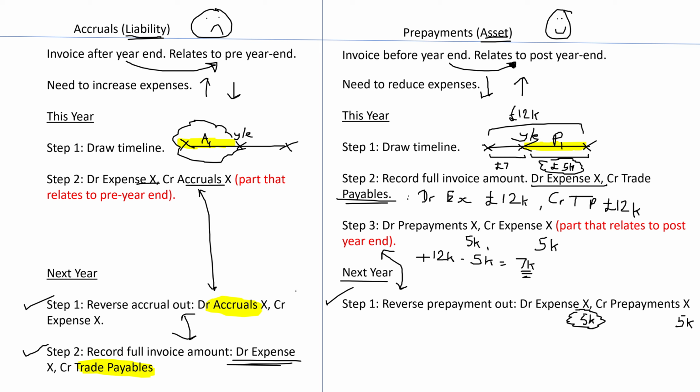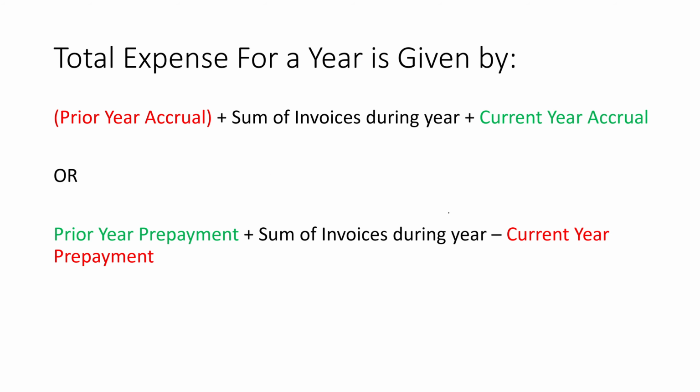Right, so I think have this sheet with you when you try to understand accruals and prepayments. It summarizes almost everything you need to know. So I just wanted to show you two formulae that I found helpful in my audit career or accounting career. So total expense. Now remember, when we're beginning a new year, we reverse out the accrual and the prepayment.